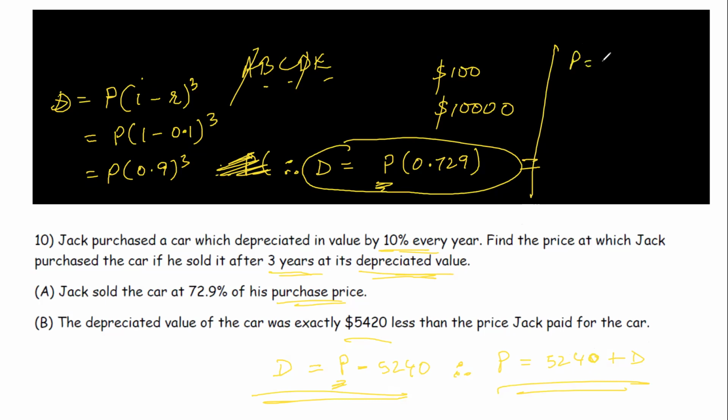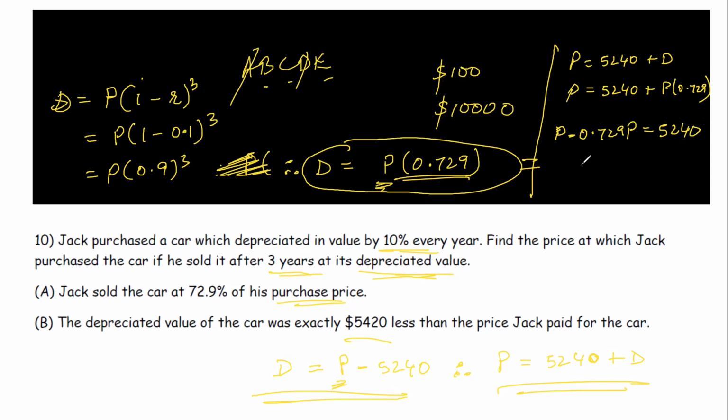So P is equal to 5420 plus D. And that is 5420 plus this number, P into 0.729. And that's P out here. So therefore we get P minus 0.729P is equal to 5420.